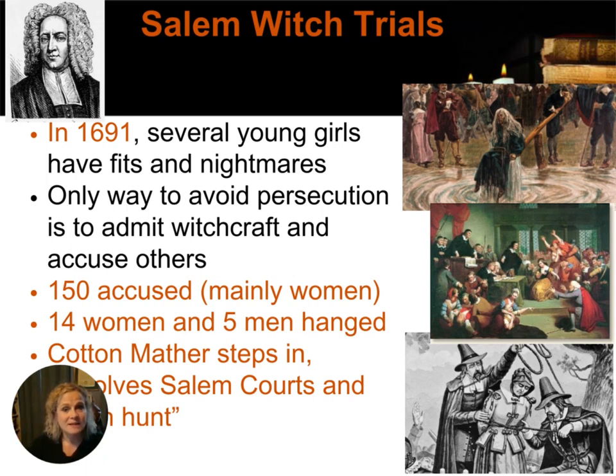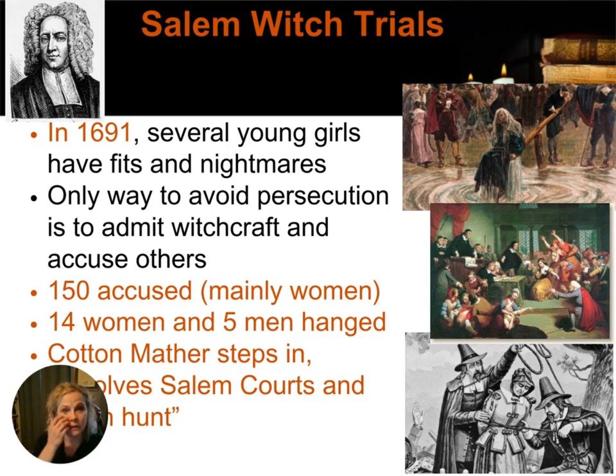So basically, it really starts off because a preacher's daughter and two other girls were having fits, and they accused the black slave named Tituba of performing witchcraft. Whether or not that was, well, we would definitely think it was made up. But she becomes the scapegoat for that.